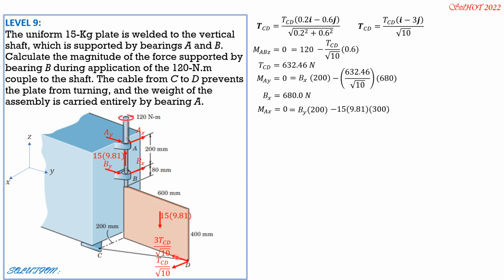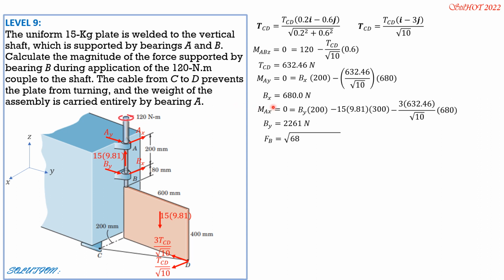Then minus 3 times 632.46 over square root of 10 times 400 plus 80 plus 200. So again 680. That distance is 680. So the only unknown here is By. Using your calculator, By equals 2261 newtons.